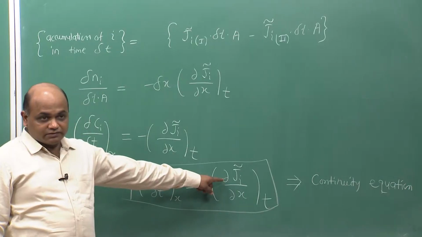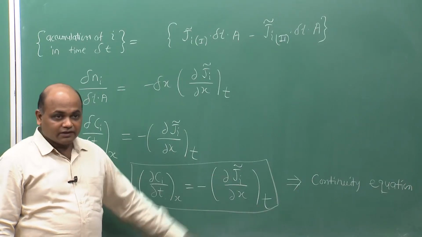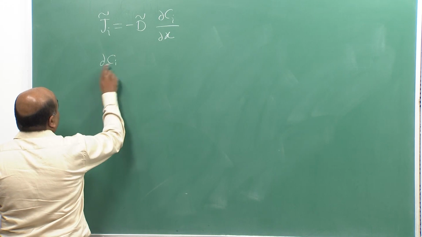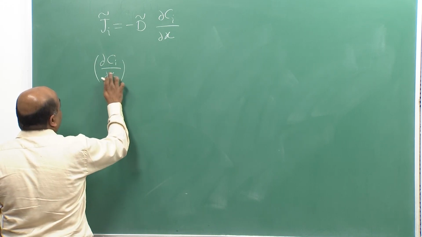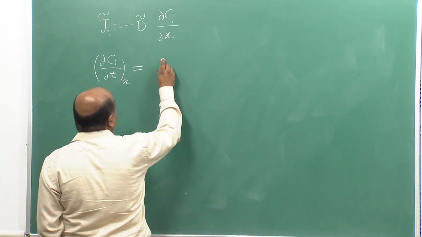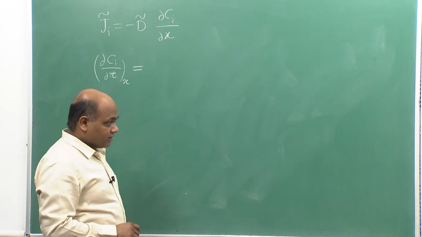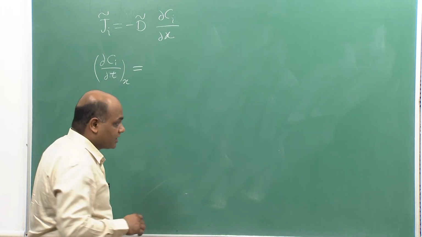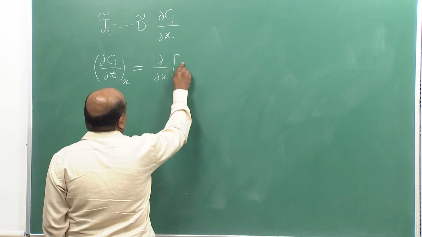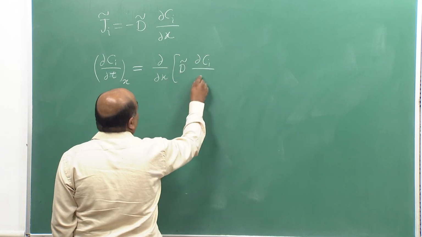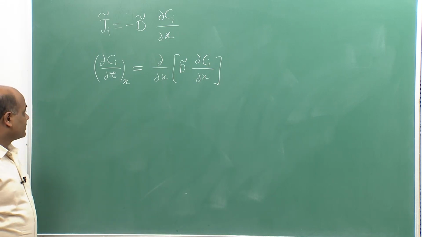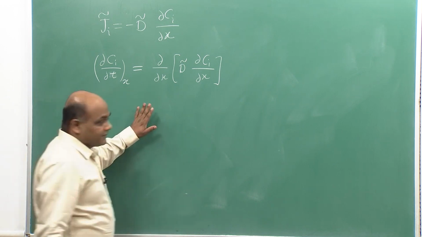If I substitute Fick's law equation in the continuity equation, I get dou Ci by dou t at x should be equal to, I write Ji tilde equal to minus D tilde dou Ci by dou x. So, negative sign will vanish. So, dou by dou x of D tilde dou Ci by dou x. Clear?